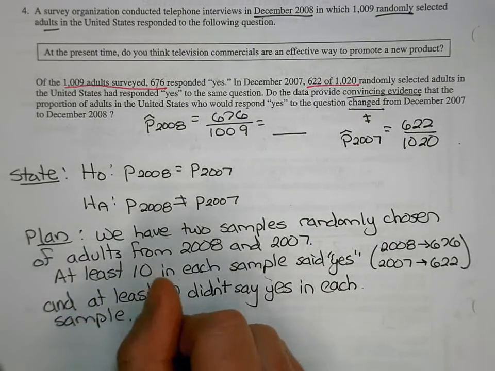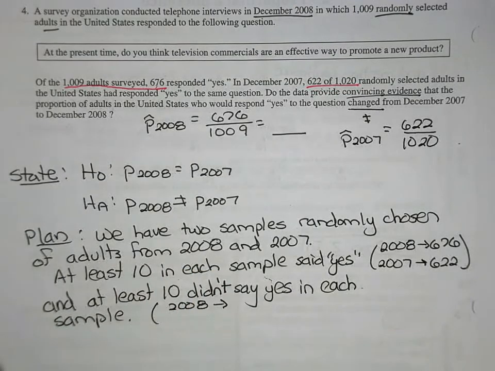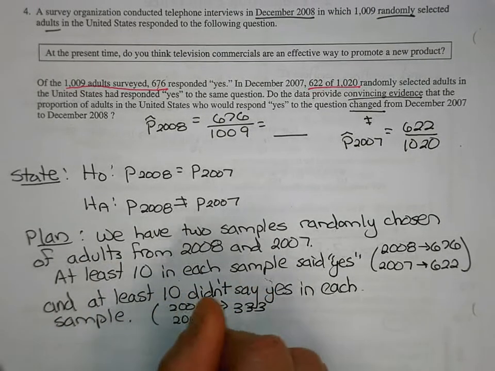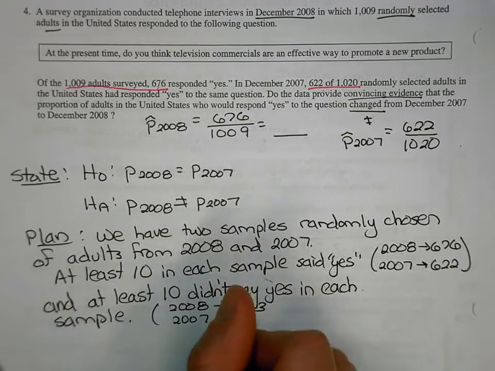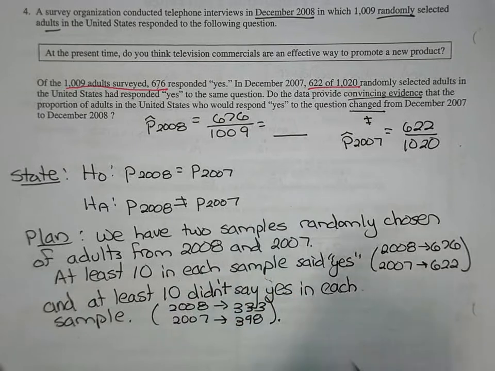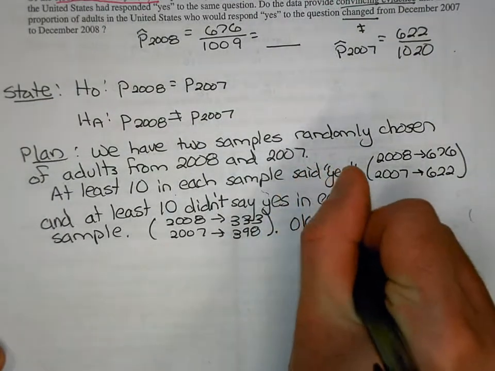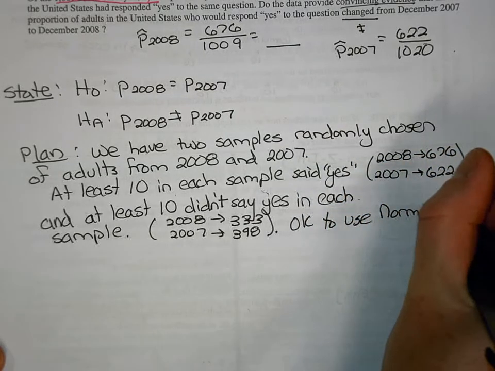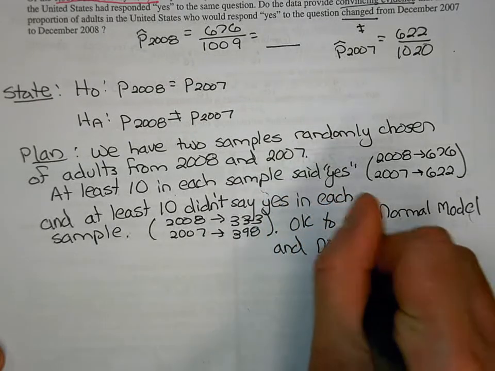So in 2008, there was 333. In 2007, it's 398. So with the conditions met, I'm going to say okay to use normal model and do 2-prop z-test.